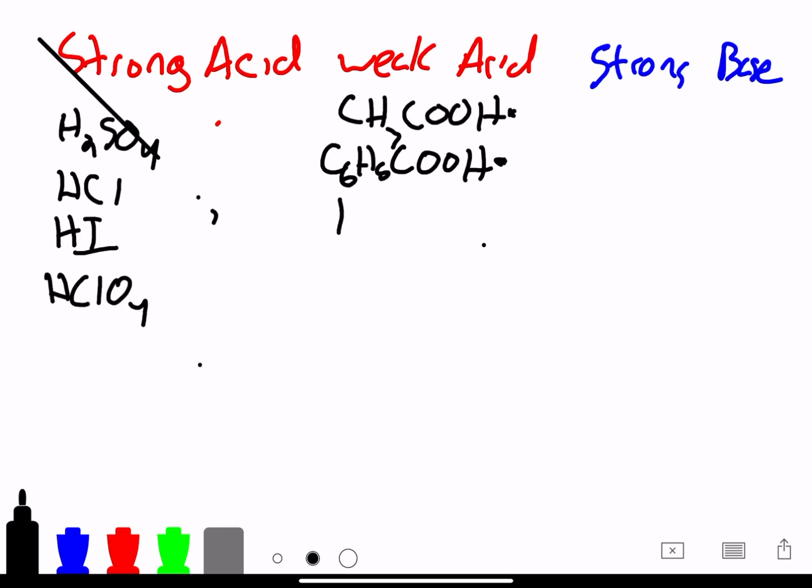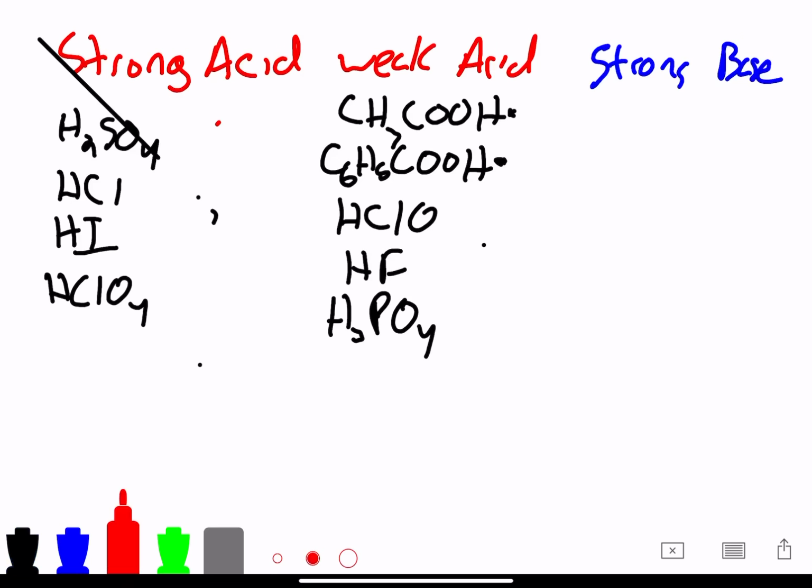And then it would also be HClO and HF, and also H3PO4. Remember, the definition of a weak acid is just an acid that does not dissociate 100%, meaning that of the acidic hydrogens, they do not all dissociate in solution.